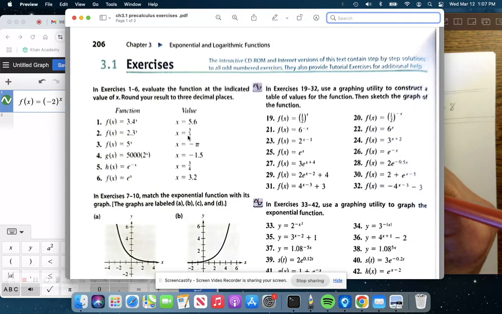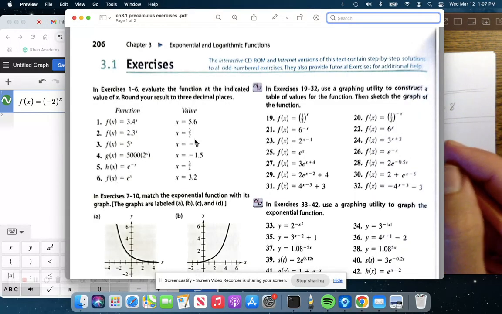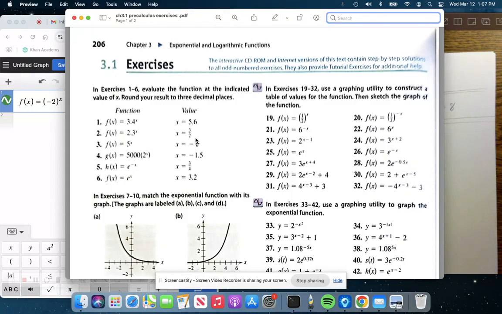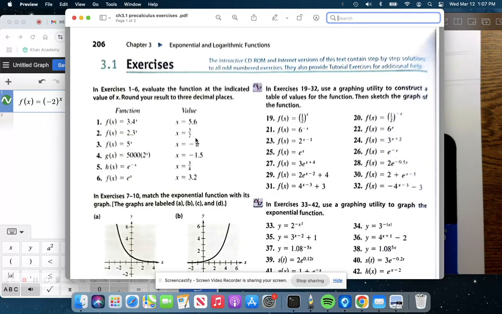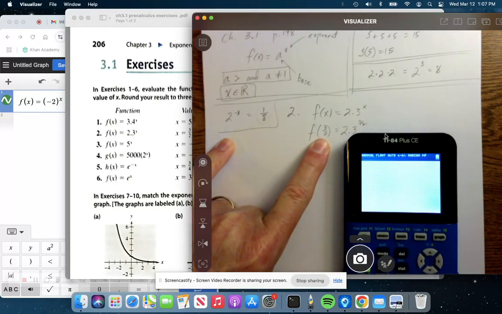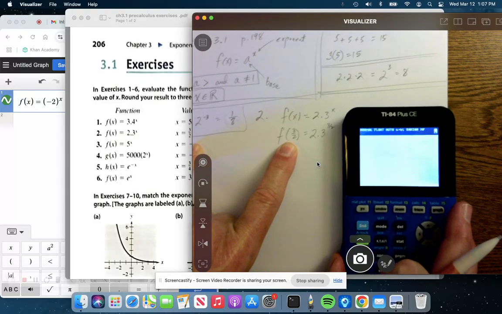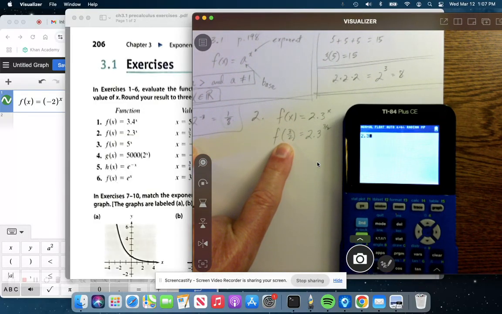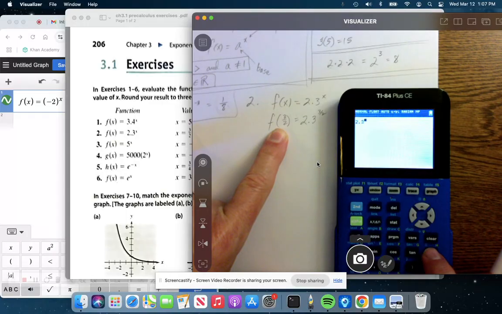So what we're looking for here then is f of 3/2, right? So that'd be 2.3 raised to the 3/2 power. And let's do that on my calculator, show you how that's done. You're going to just put in 2.3, hit the raise to button over here, and then you can just put in 3/2. And that gives you about 3.488.